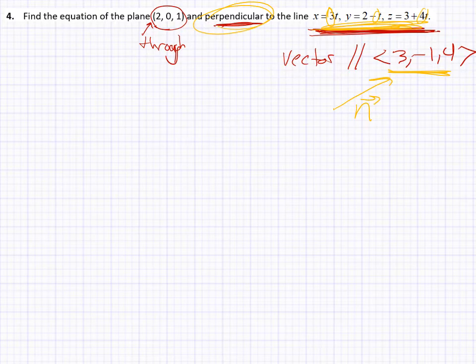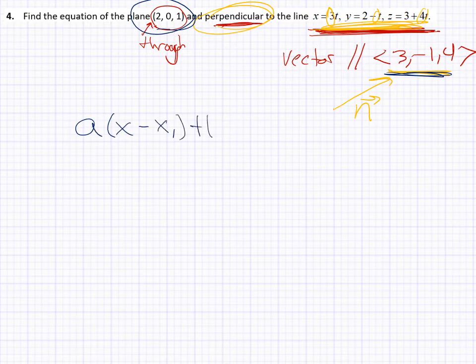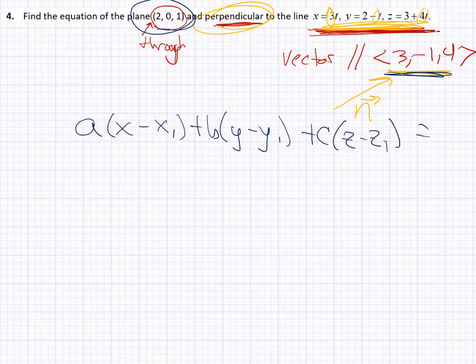What do you need to write the equation of the plane? You need a normal vector, which we now have, and we need a point on the plane. So what are we going to use? We're going to use this formula: a times (x minus x1) plus b times (y minus y1) plus c times (z minus z1) equals 0.